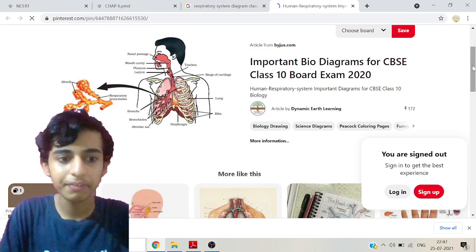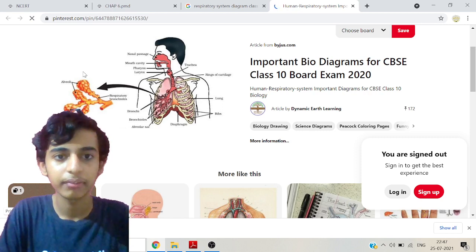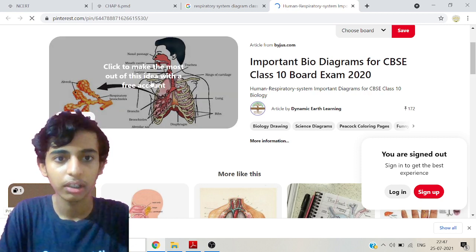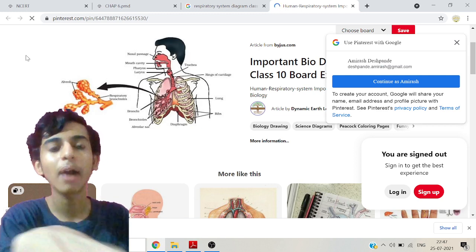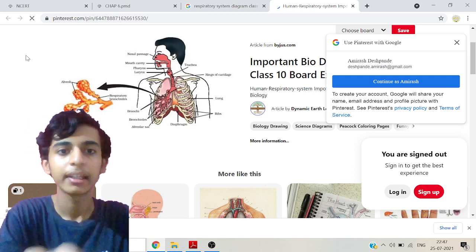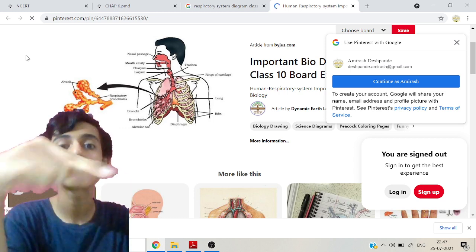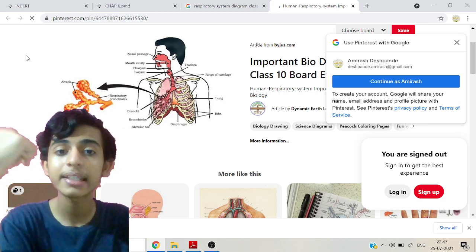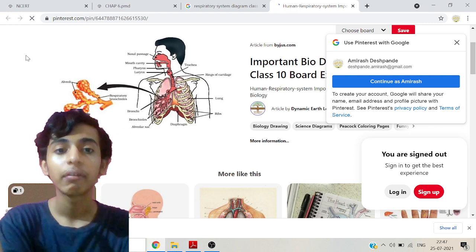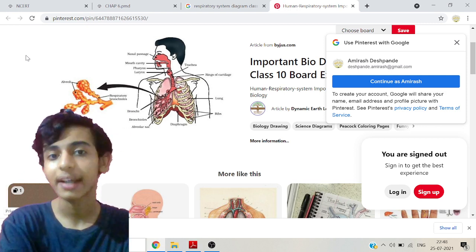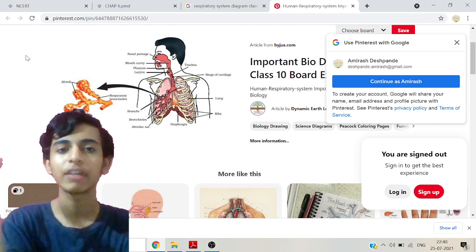Now first we have the nasal passage, as you are able to see. Then you have the mouth cavity, then pharynx, then larynx. Pharynx is a muscle which terminates into your esophagus and your trachea. Okay, food pipe and windpipe.